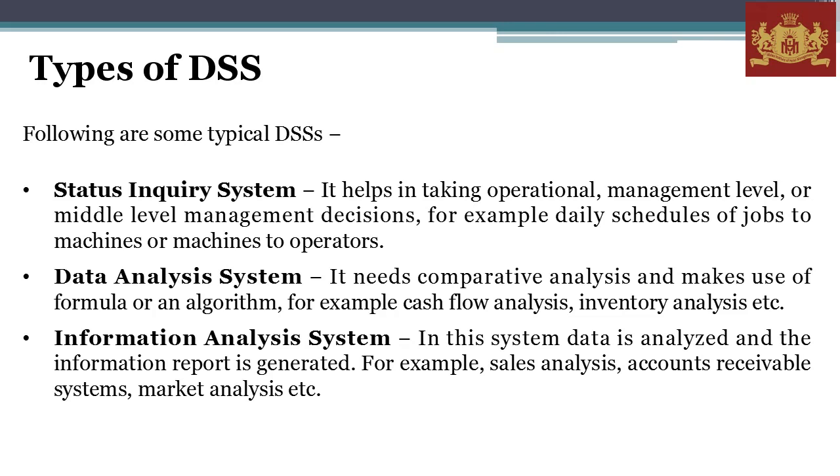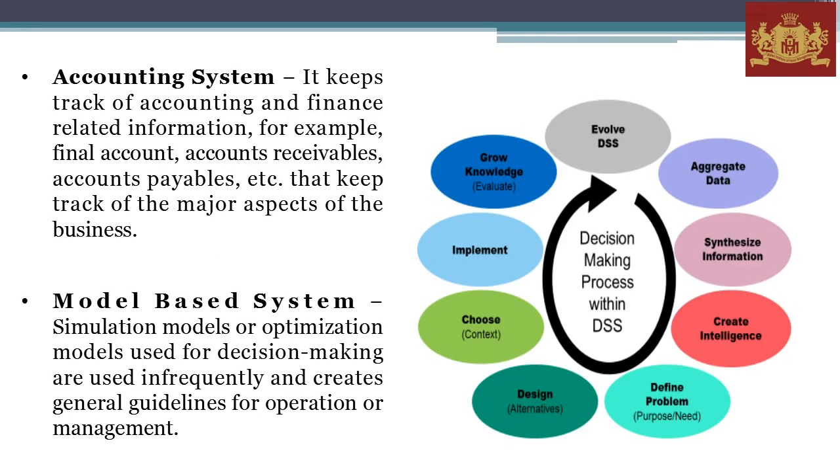Information analysis system. In this system, data is analyzed and the information report is generated. For example, sales analysis, accounts receivable systems, market analysis, etc. Accounting system. It keeps track of accounting and finance related information.